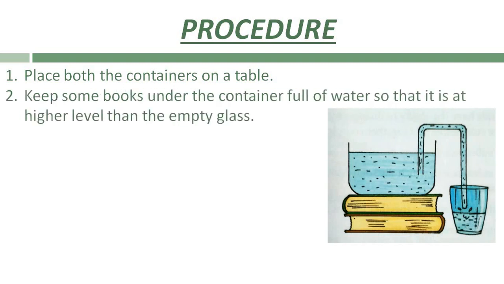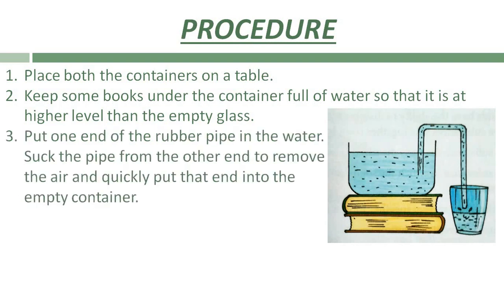Now take the big container full of water. Now keep some books under the container full of water as shown in the picture, so that it is at a higher level than the other container.